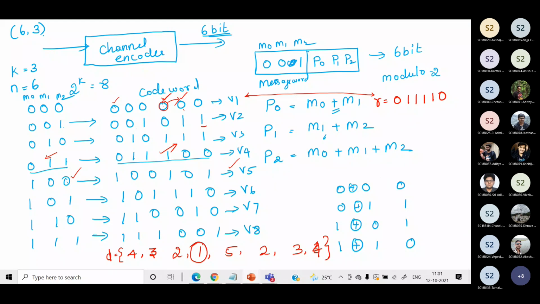Here I took the combination P, P1, P2 in this way. It is M0, M1. Later we will see how we are generating this P0, P1, P2 and all. For giving you some explanation of how to generate this P0, P1, I just took the combination of M0 and M1. Later this will come to the vector space.